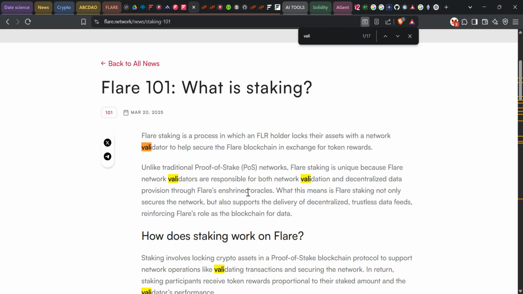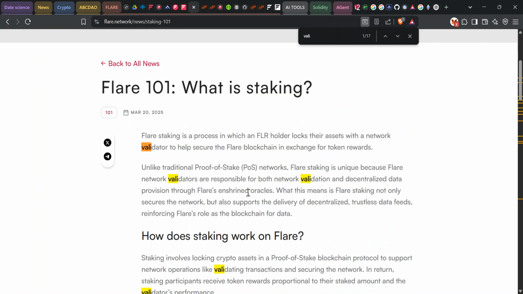Unlike traditional proof of stake networks, think of Ethereum, Flare is unique because Flare network validators are responsible for both network validation and decentralized data provision through Flare's enshrined oracles.